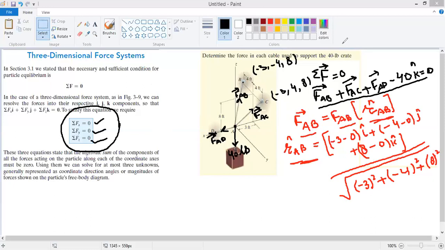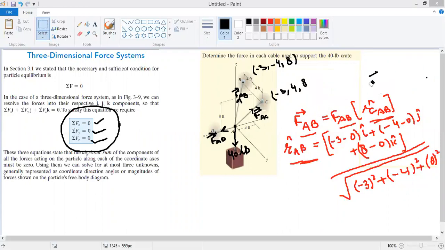Therefore we can write our FAB. Therefore the FAB vector can be written as: FAB vector is equal to magnitude of FAB times minus 3 i cap minus 4 j cap plus 8 k cap, each term divided by this number.